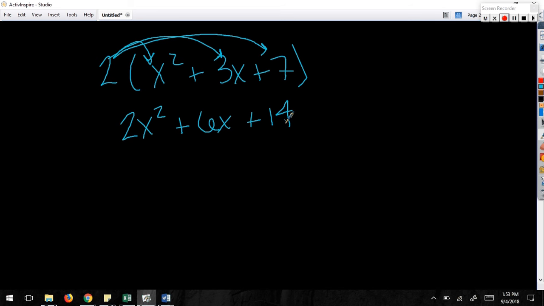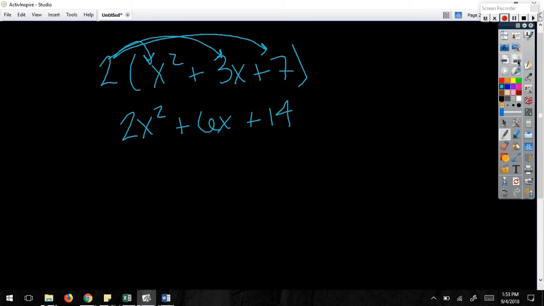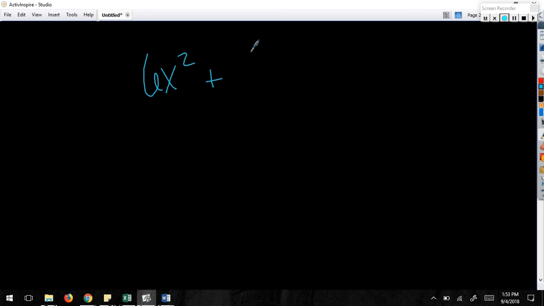What if I went backwards, though? Because that's what factoring is. Factoring is doing the backwards thing. So what if instead of starting with the number on the outside, I started with this?